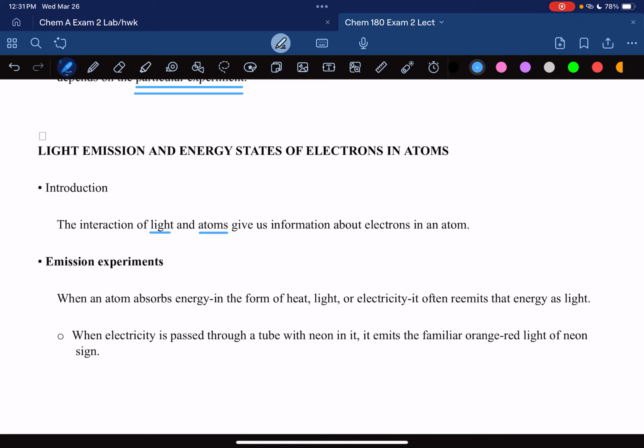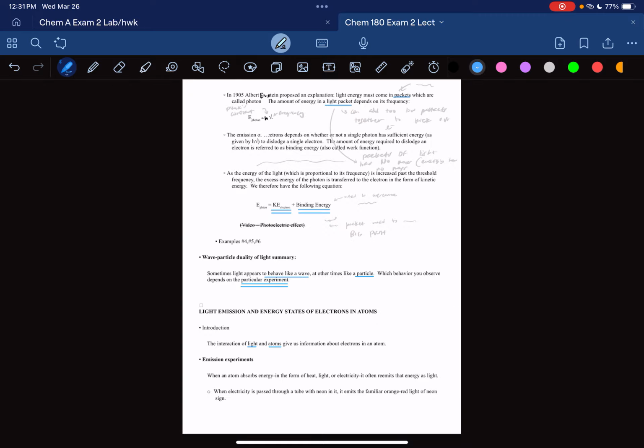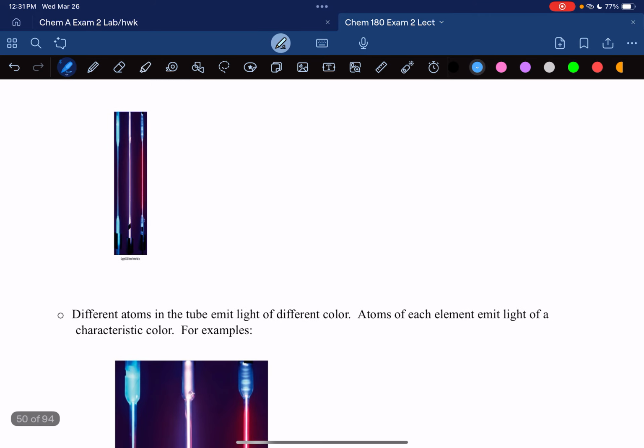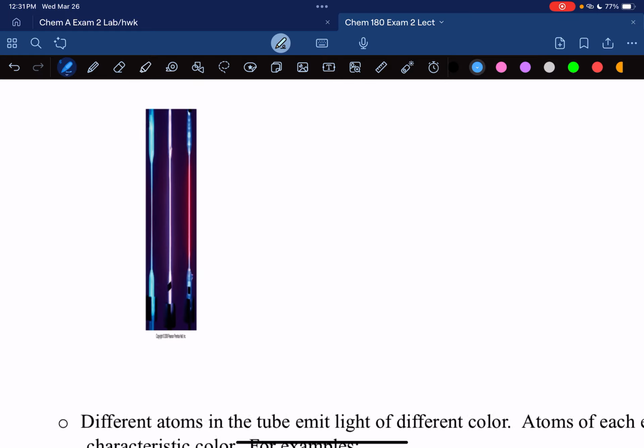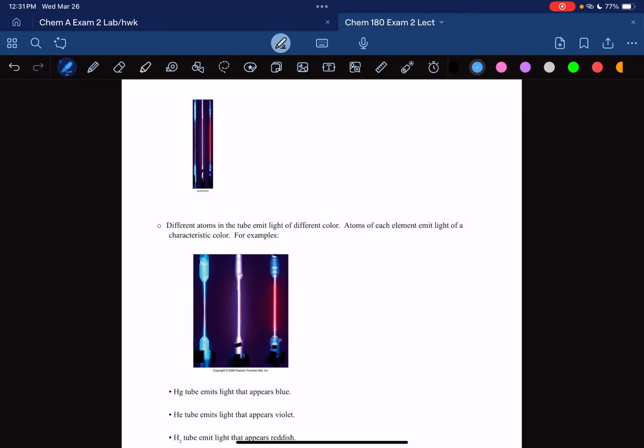Say I want to find out something about the electrons in neon. I will have a tube, and inside I put neon gas, a whole bunch of neon atoms, and then energize it by applying electric energy.